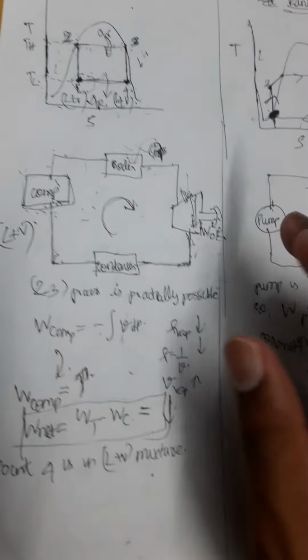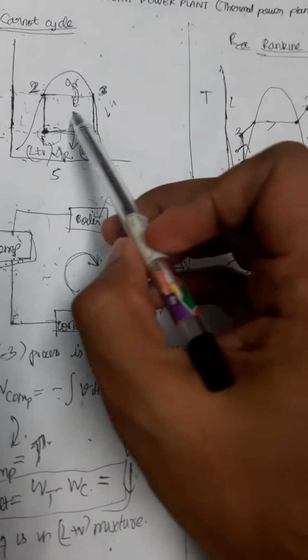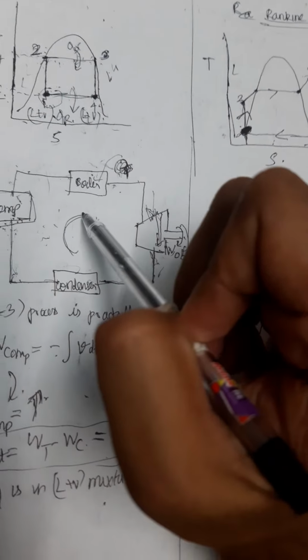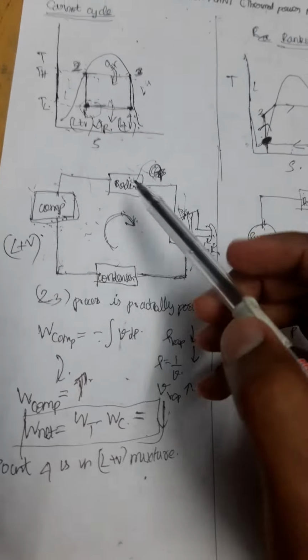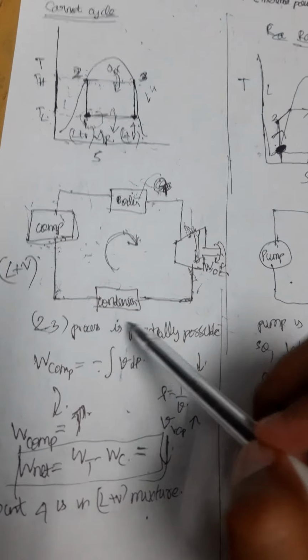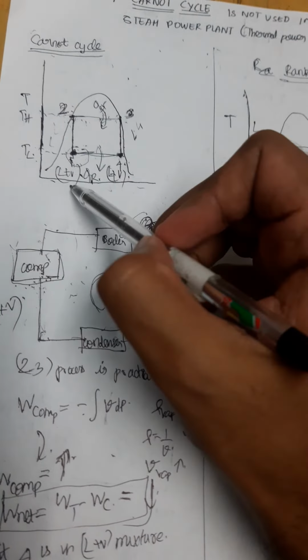So I will explain the drawbacks of Carnot cycle now. In this Carnot cycle, if you see the 2 to 3 process, where heat is added in the boiler at constant temperature, it is quite practical. But if you see the work done by the compressor, in this case the compressor is handling both liquid and vapor mixture.